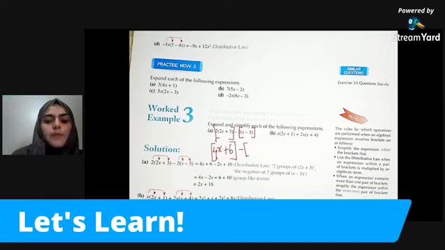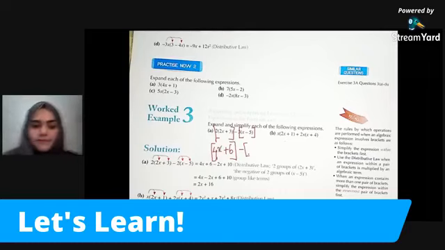Minus sign is not going to be used here. So 2 into x is 2x. Then 2 into minus 5 is what? It's minus 10.